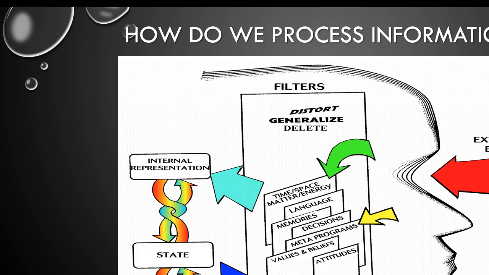Basically you have the input, you filter it through various things: the language, your past memories, your beliefs, your attitudes, meta programs, which I'll speak about in the next presentation because that's a whole other thing. And basically you internalize what's happening. You have your own representation of it. This is the maps, the cognitive schemas that I was talking about before.